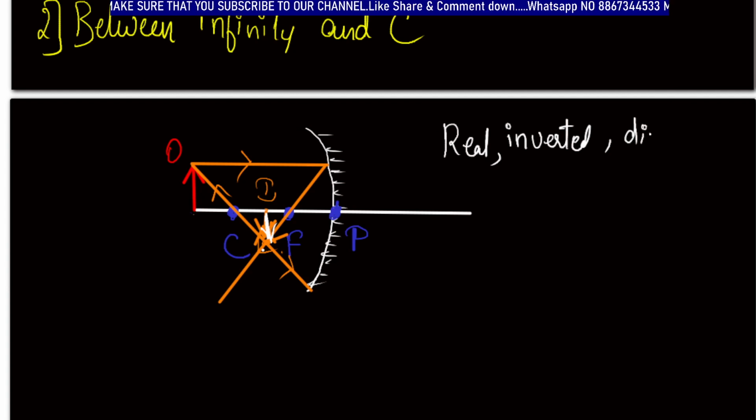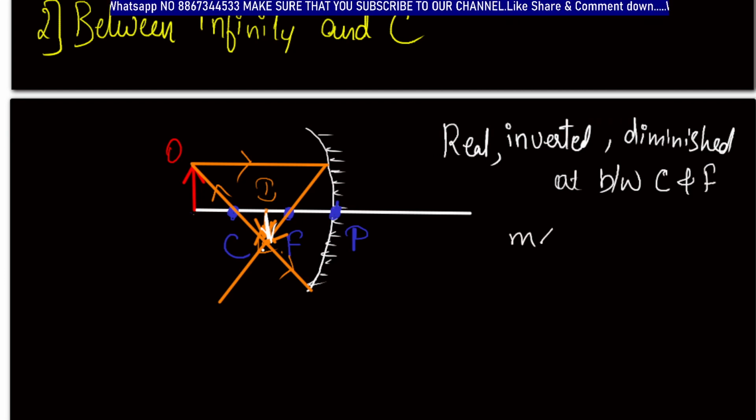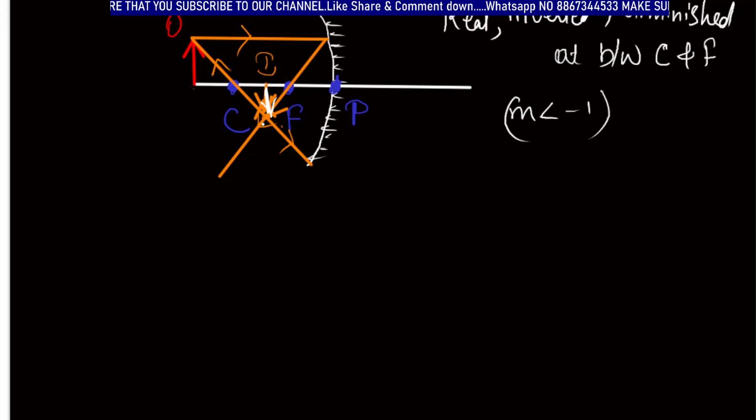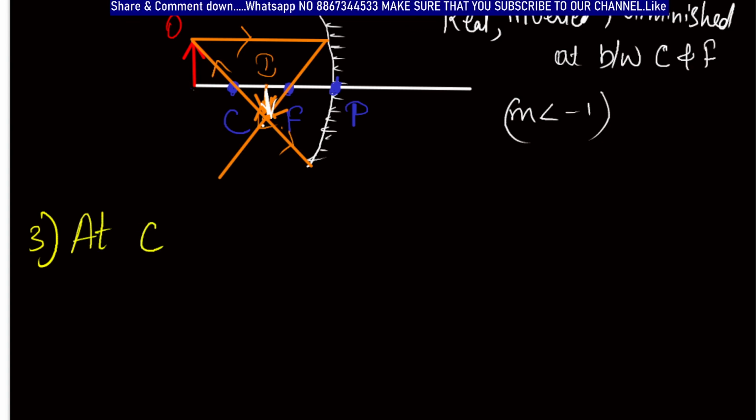It is diminished and between center of curvature and focus. And what is the magnification in this case? It is less than -1. Now the third case is at center of curvature.